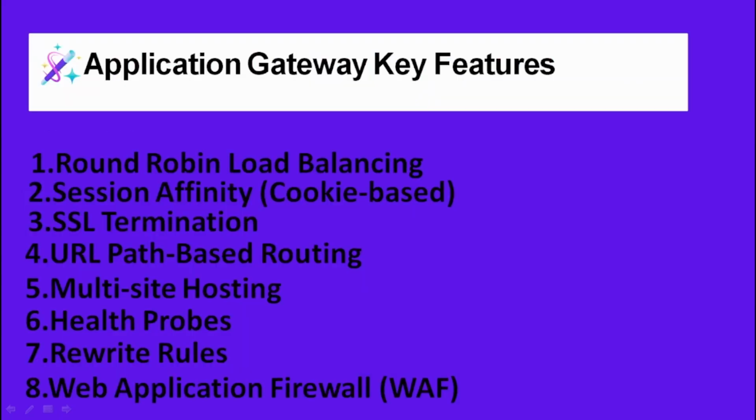So now let's understand the Application Gateway key features. The first one is round robin load balancing. So what exactly is round robin load balancing? This helps distribute the load across all your backend servers. For example, let's say you have three VMs and all the VMs are running an identical copy.